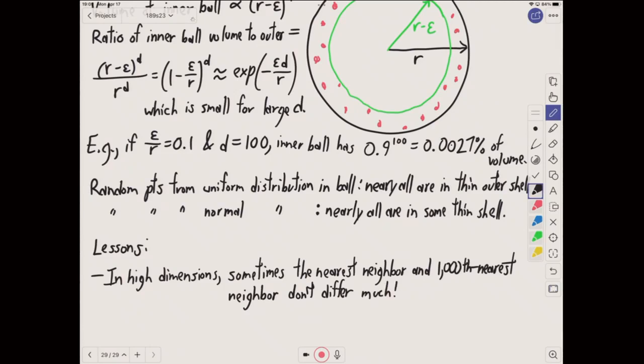Just as with the randomly distributed points I've given you, almost all the points, the distance from the origin is roughly the same.